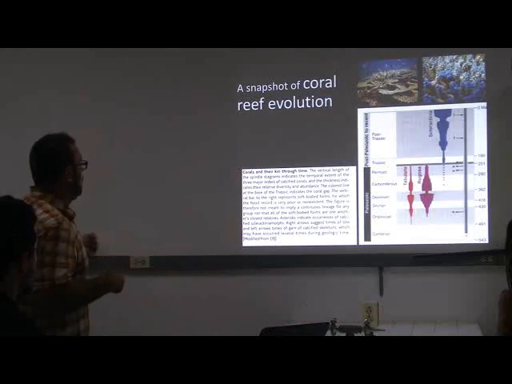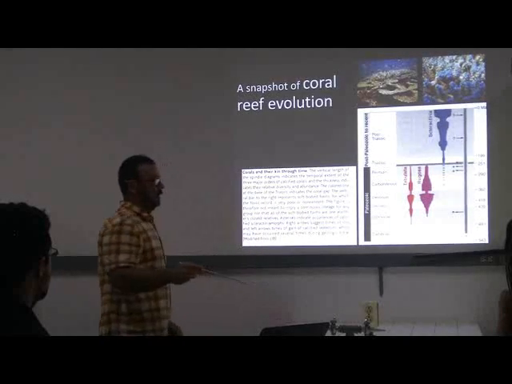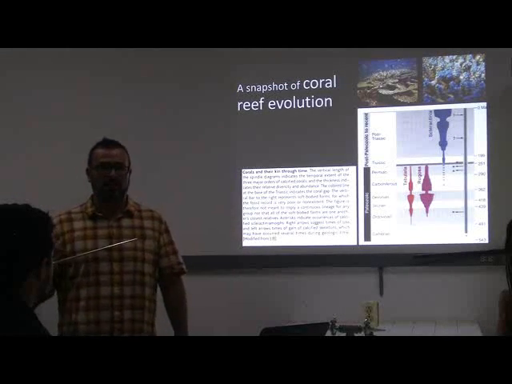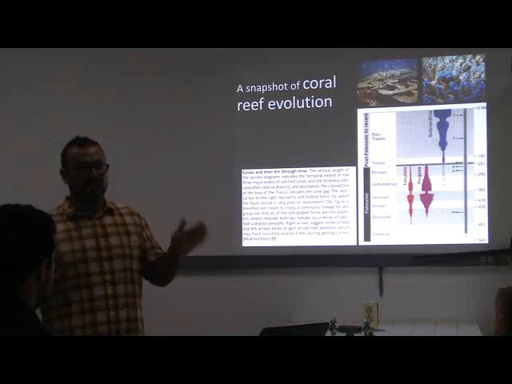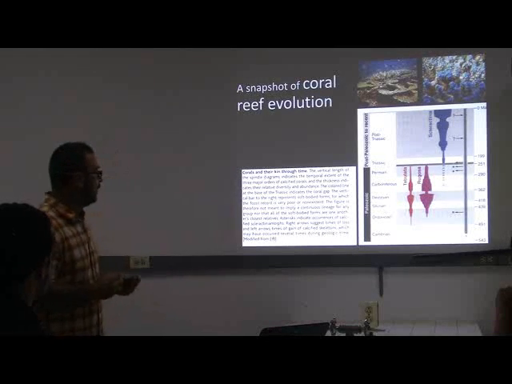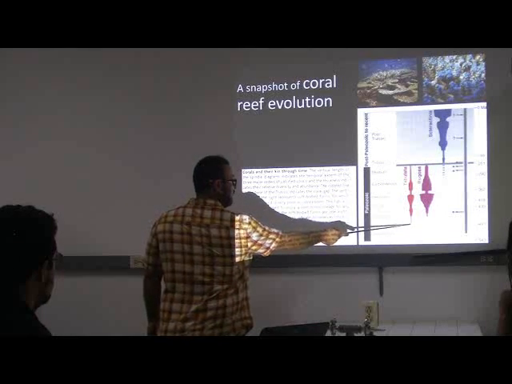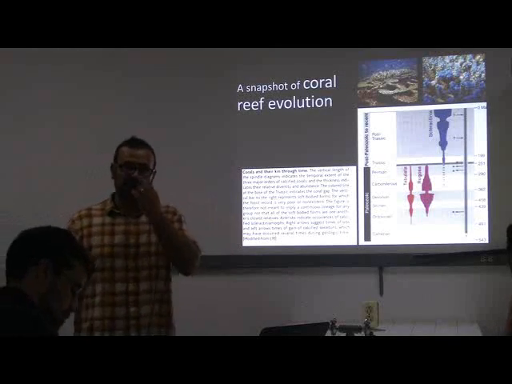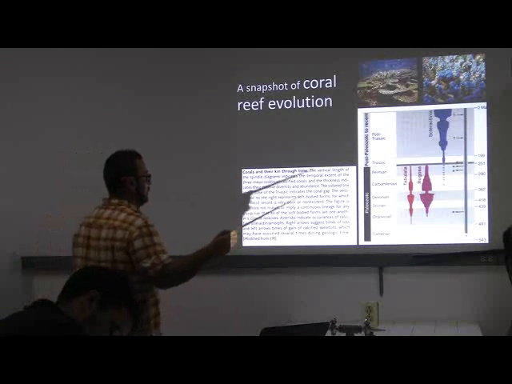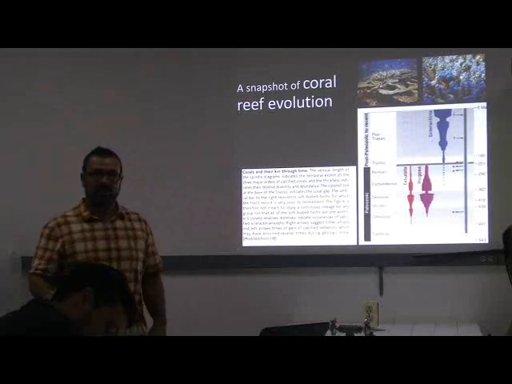Perfect. If we look in more detail at the evolutionary history of reefs made by corals, it is clear that Tabulata and Rugosa dominated the scene from the Ordovician up to the Permian period.